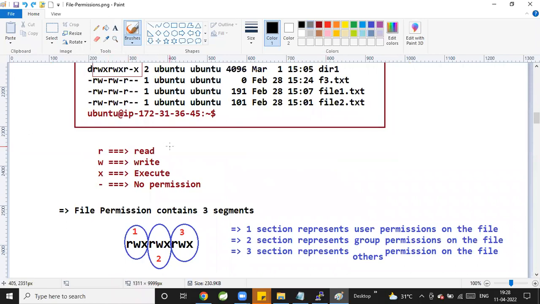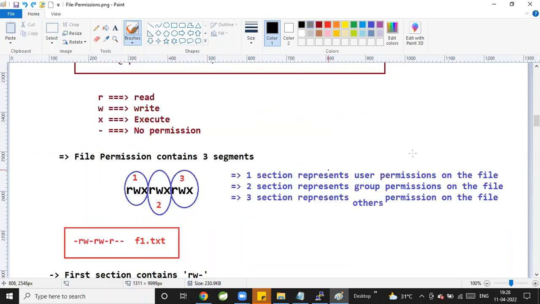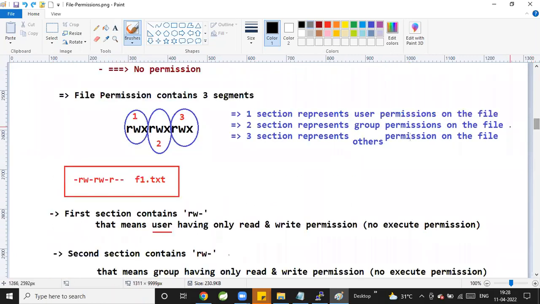R means read permission, W means write permission, X means execute permission, hyphen means no permission. In that permission also, three segments are available. The first section represents user permissions, the second section represents group permissions, and the third section represents others permissions on the file.